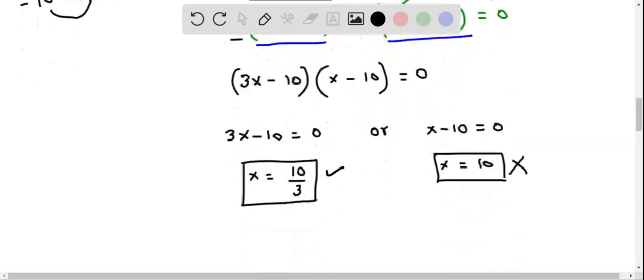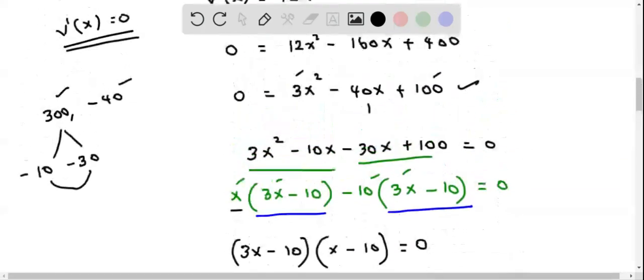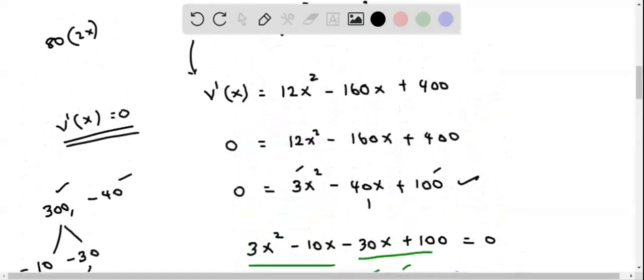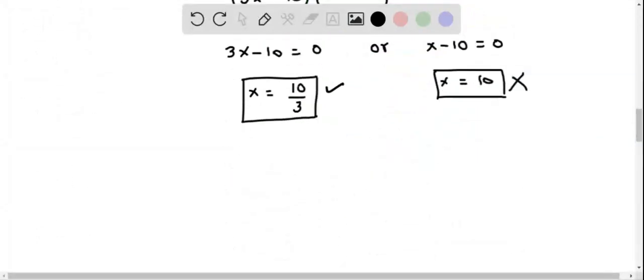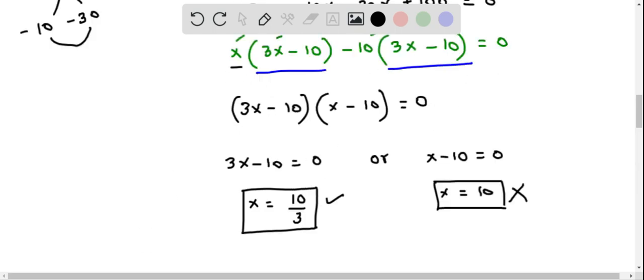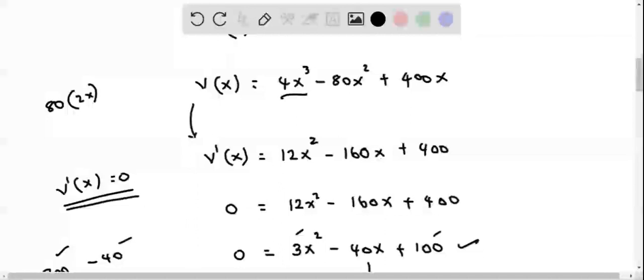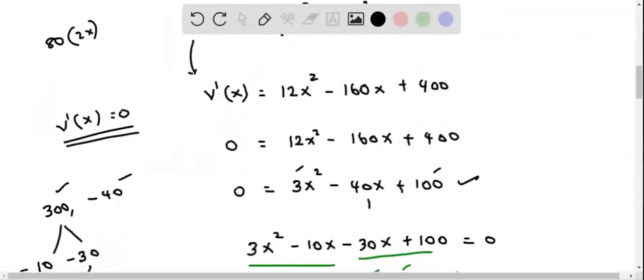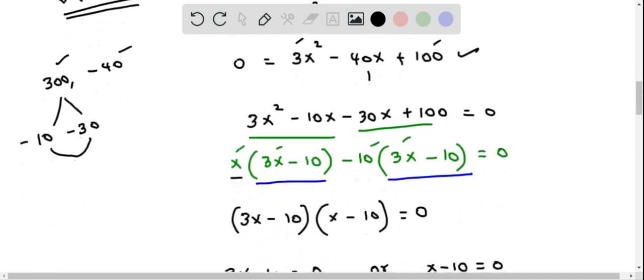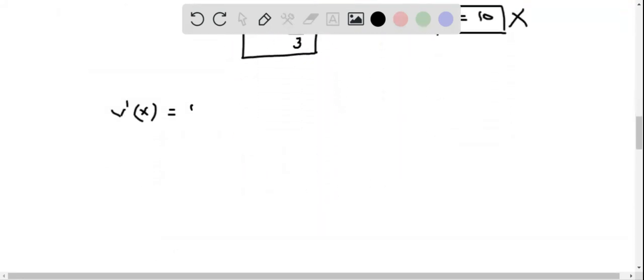We can also verify that at this value of x, the volume is maximum. For that, let's copy the first derivative. That is, V prime of x equals 12x squared minus 160x plus 400.